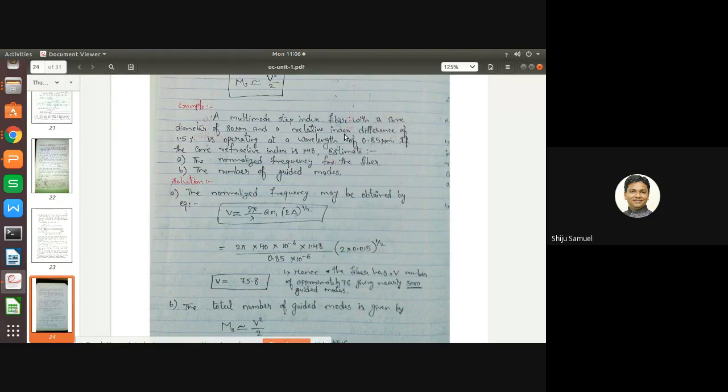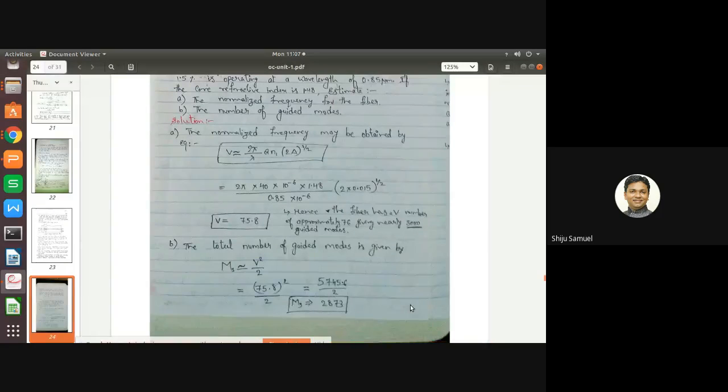Now if you calculate this equation, finally we will get the value. If you have a calculator, calculate all these values at home also. With the help of calculator, the final value V equal to 75.8.